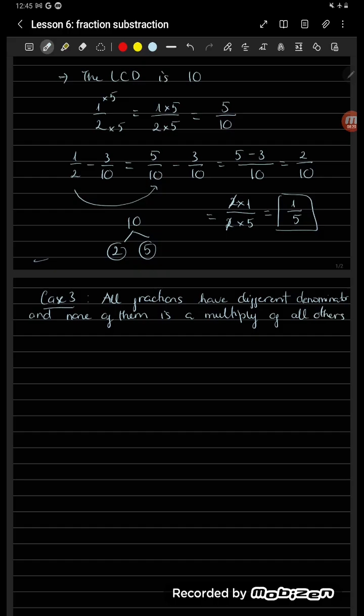Okay, and in this case we also have to find the least common denominator by using the product of prime numbers. Okay, so let's take an example.